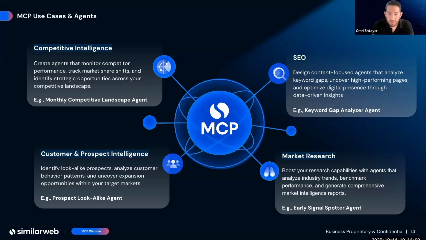So we built an agent to understand the traffic patterns, to understand the connections, and then run this and essentially understand, is this website a piracy website or not? So you can do all the regular use cases, SEO, market research, competitive intelligence, prospect intelligence, but also many more unique use cases you just need to think about and understand.